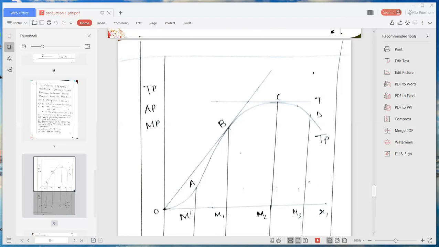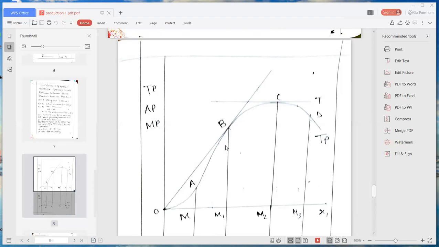At the production level OM, if we join OA, this will also give the average at the point A, and the slope of the line OA is less than the slope of the line OB.